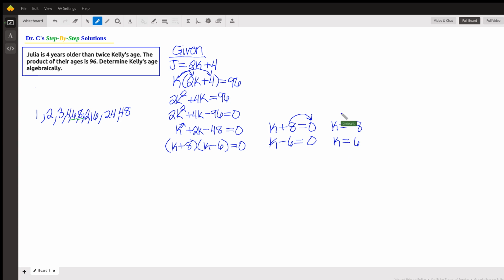All right. My advice would be to immediately plug it back into the formula up here, to make sure it worked out. So if K is 6, we have 2 times 6, which is 12, plus 4.